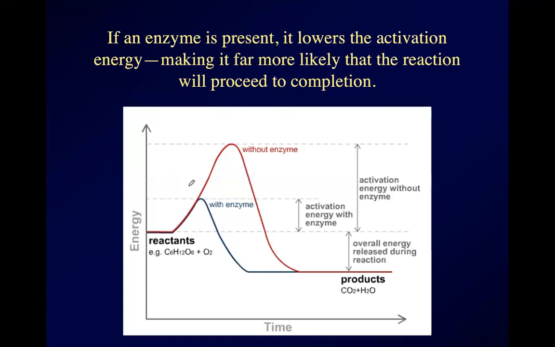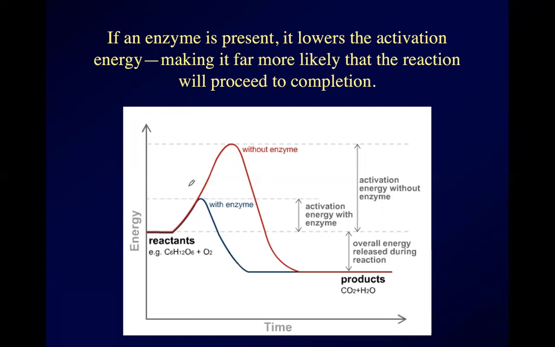Imagine, though, that there is a bump at the top of the hill, maybe a speed bump, that's holding the ball in place and keeping it from rolling down. If there's an enzyme present, what that does is take away the bump. Once that bump is taken away, now the ball can spontaneously start rolling down, even if there's just a little breeze that pushes it.